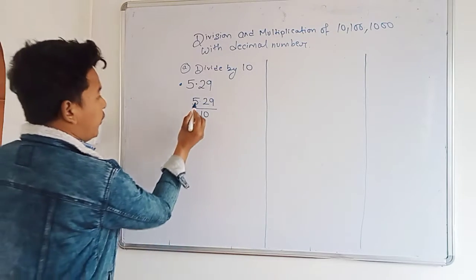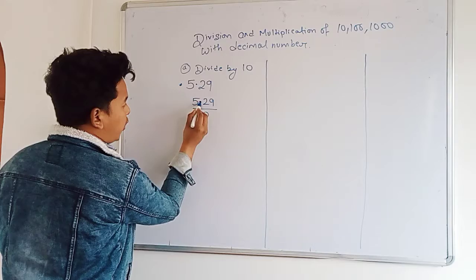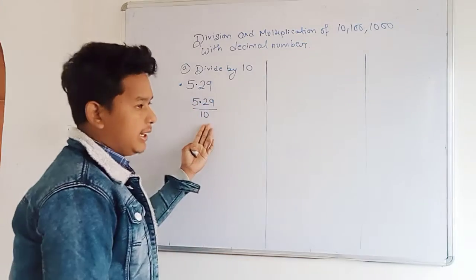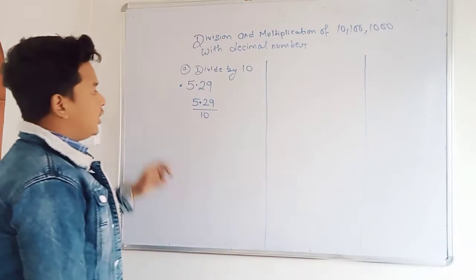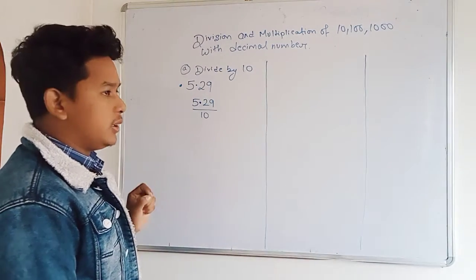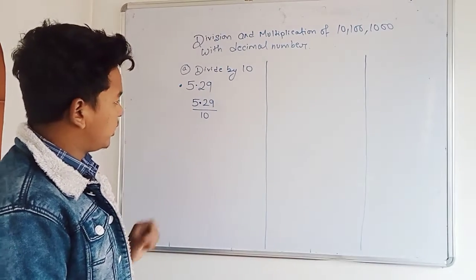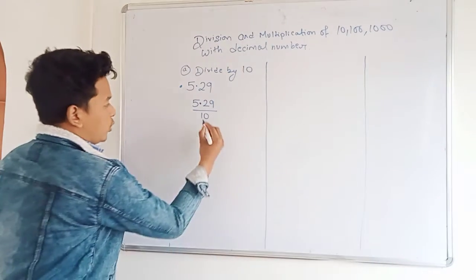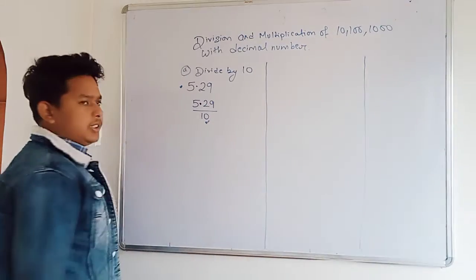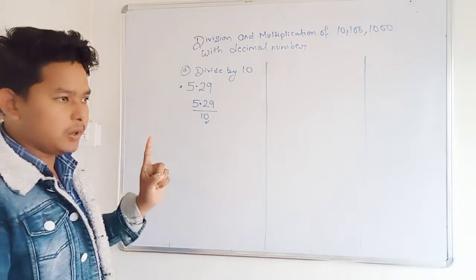So whenever there is a decimal point and you have to divide by 10, first step you will count the number of zeros in the denominator. This is the numerator and this is the denominator. So how many zeros are there in the denominator? Only one.